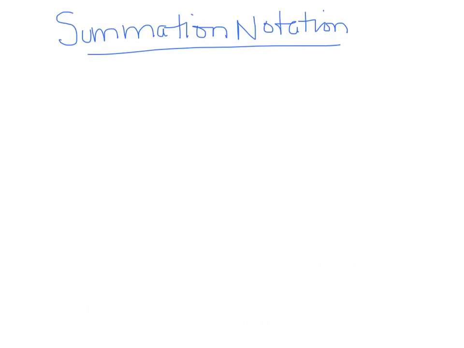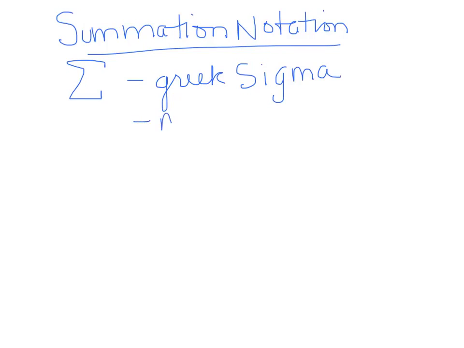Okay, we can't talk about series without learning a new notation. It's called the summation notation, and it uses a sigma, which we recognize as the Greek letter sigma, so that's their S symbol. What it means to us in math is sum. So we use that Greek letter sigma to mean sum.